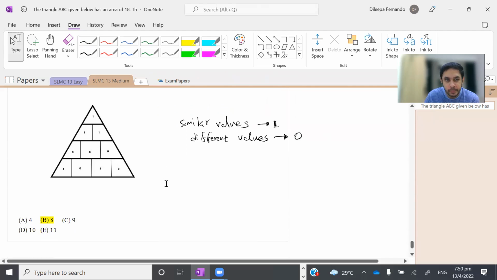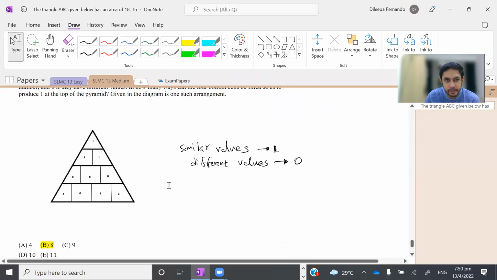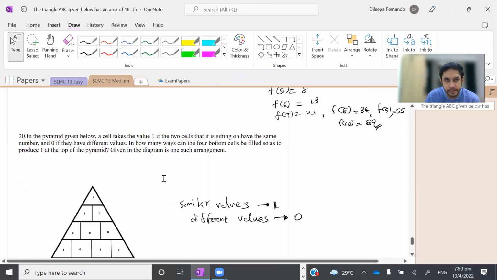And now the question is, how many ways can the 4 bottom cells be filled so as to produce 1 at the top of the pyramid?